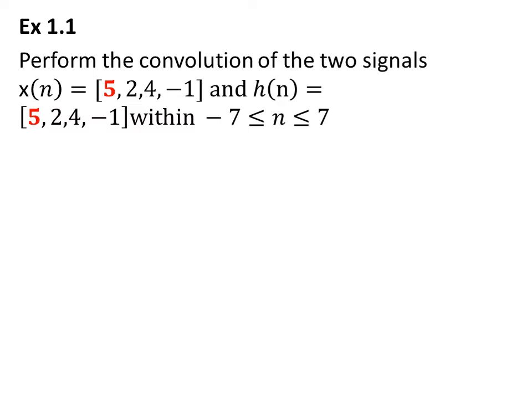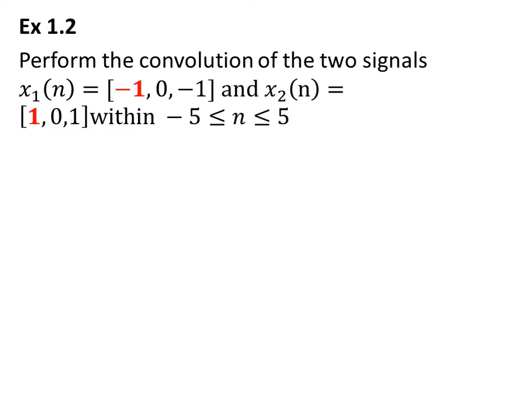So exercise 1.1, this is for you. You have to perform the convolution of the two signals x[n] and h[n]. You were given the range of n from -7 to +7. This exercise you have to do by referring to the previous examples.